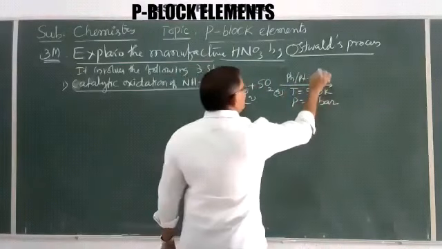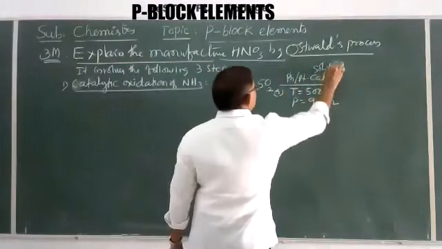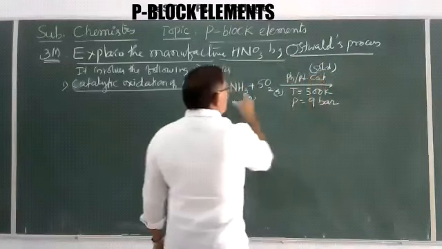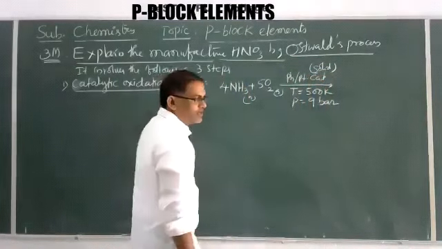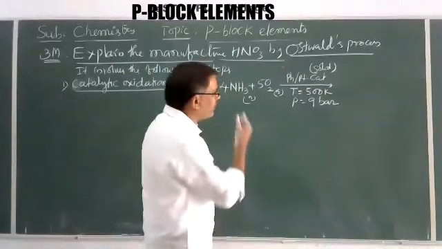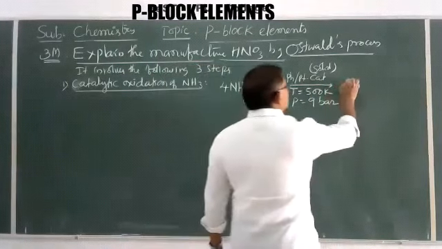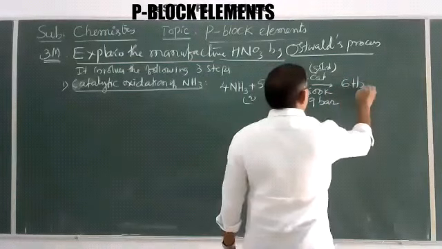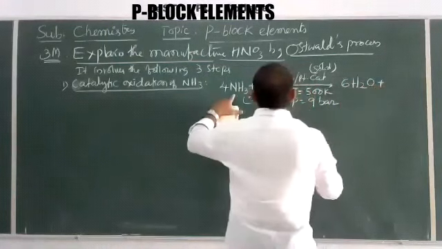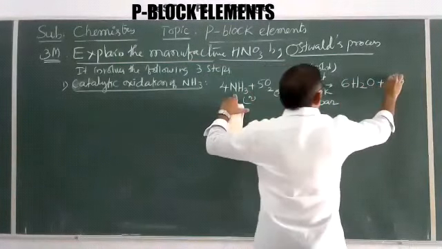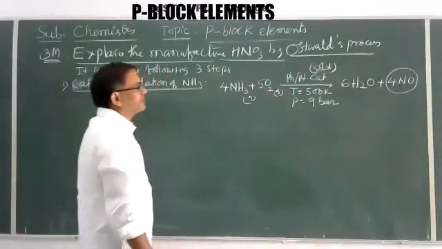Now this catalyst is solid and the reactants are gaseous. That is why this reaction is called an example of heterogeneous catalysis. The corresponding water, 6H2O, plus 4NO is formed. This is nitric oxide gas produced.